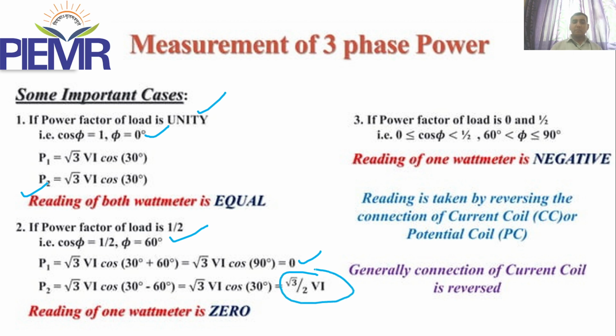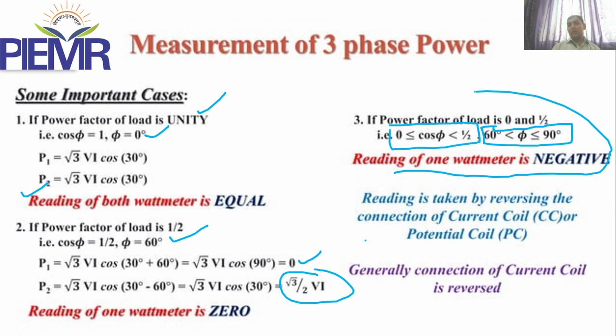If we decrease the power factor further, then one of the wattmeters reads a negative value. This is a very important case: if the angle is greater than 60 degree, between 60 degree to 90 degree, or between zero power factor to half power factor, one of the wattmeters reads a negative reading.